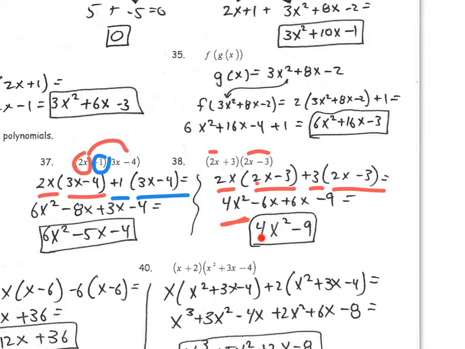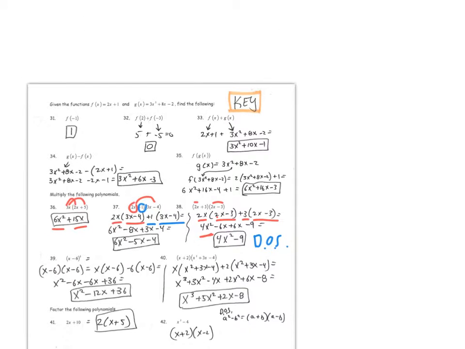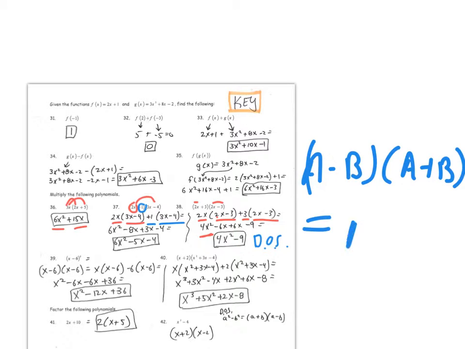So we're going to see this as the difference of squares formula later on this page. And what the formula is, and you should write this on your review, is A minus B times A plus B equals A squared minus B squared, the difference of squares formula.